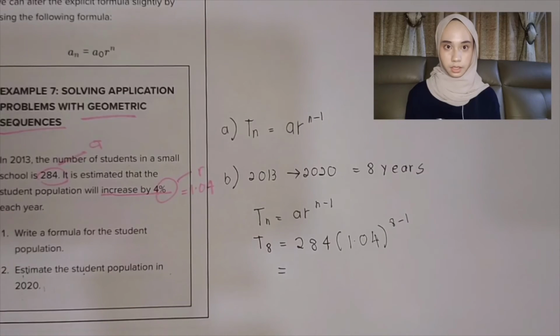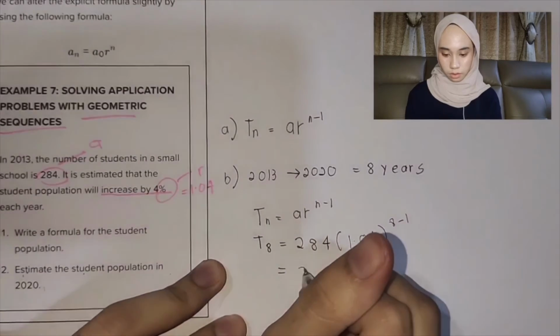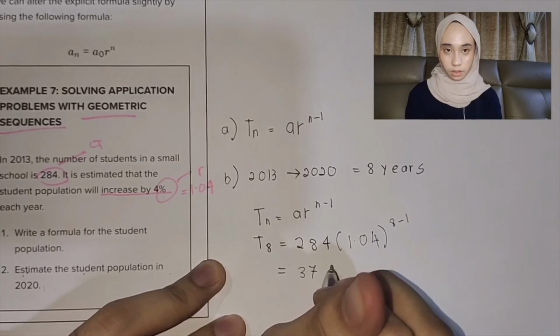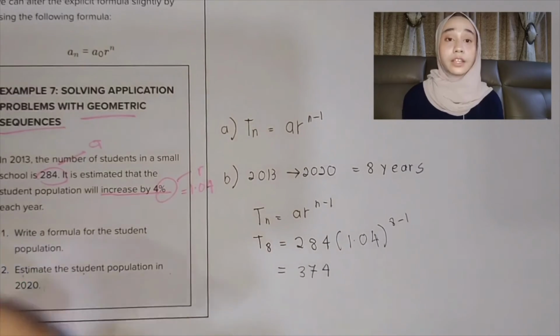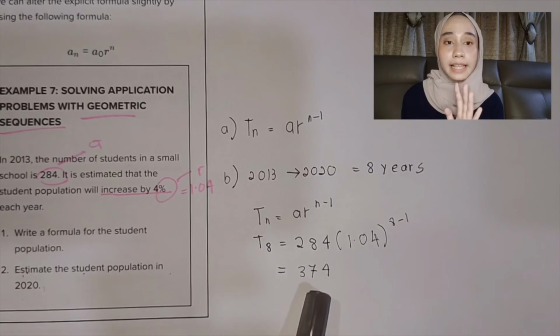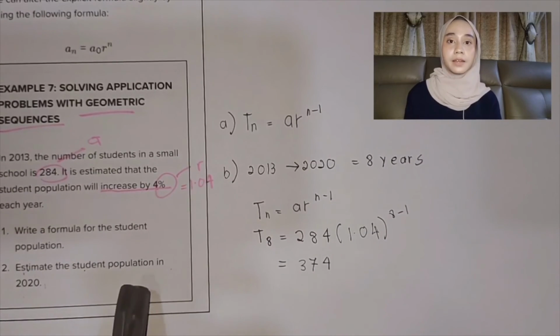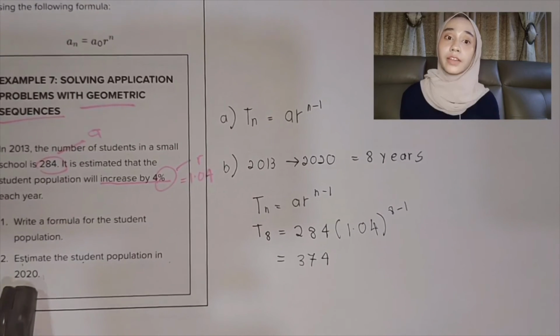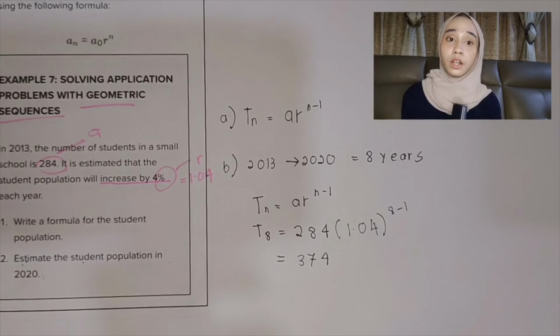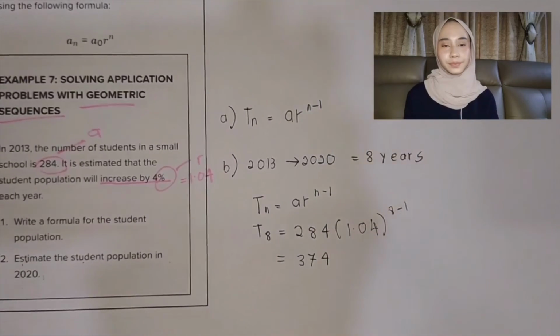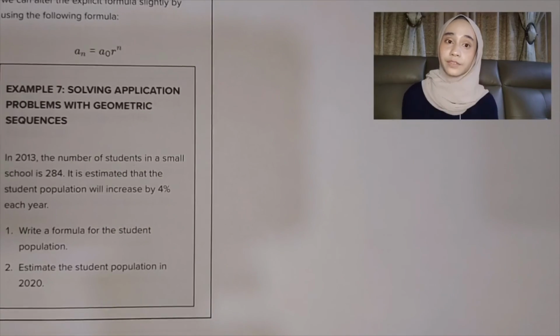Okay, now we calculate. So the term is 374. Okay, this means the population in 2020 is 374 students. So that's all for the application of this question.